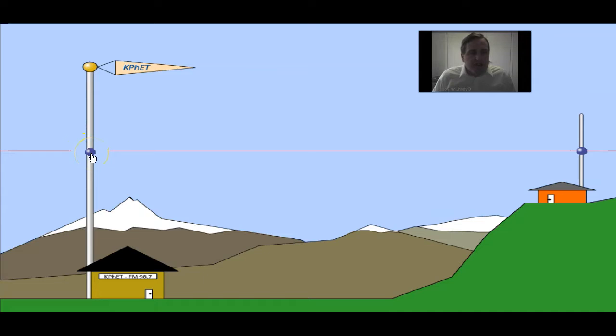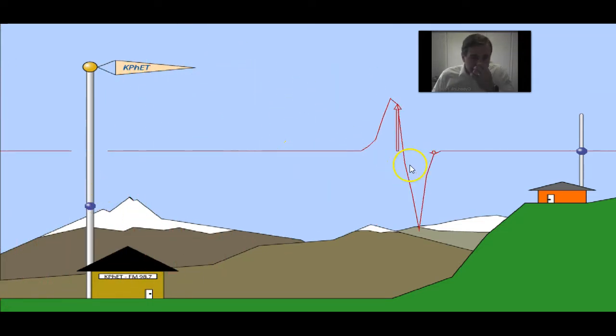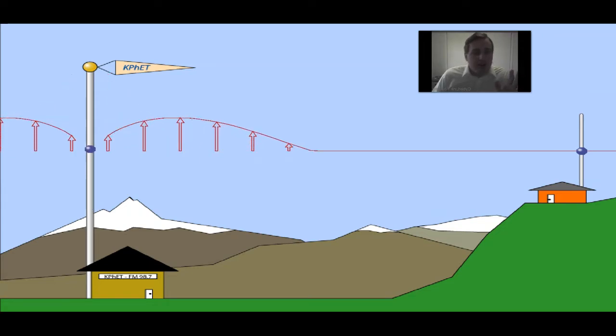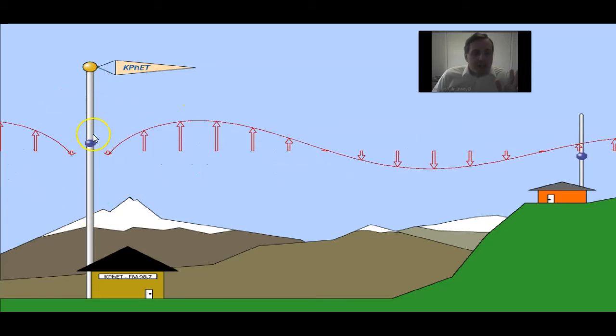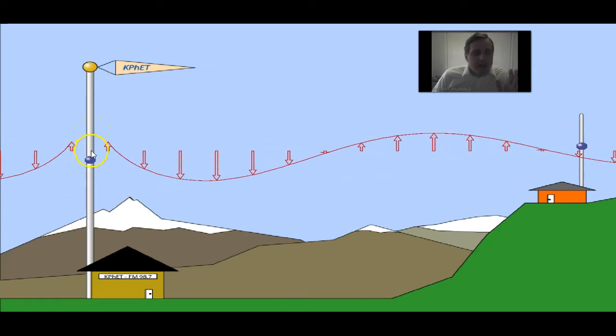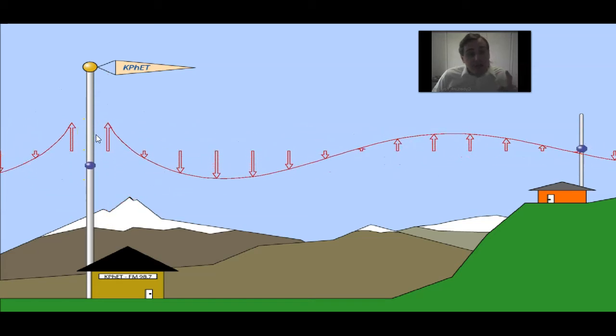Notice that if the electron goes down, the electric field is in the opposite direction. How do I know that? Well, suppose instead I allow this to be an oscillator, not just manually. So if it's an oscillator, notice that it's a continual up and down acceleration of the electric field. Notice when the electron goes down, the electric field goes up.